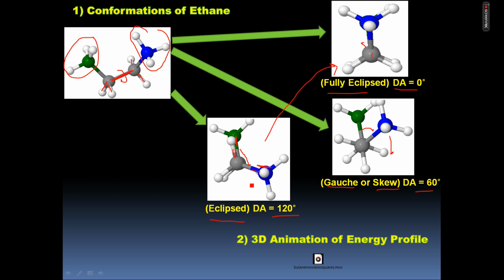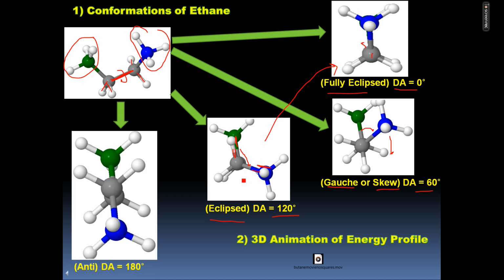Now if we rotate this further by another 60 degrees, this CH3 group will come to this position, and you can see here this is the CH3 on the back carbon and this is the CH3 on the front carbon. So they are anti to each other. The same is the case with these hydrogens; they are anti. So this is called the anti conformation, and the dihedral angle is 180 degrees.